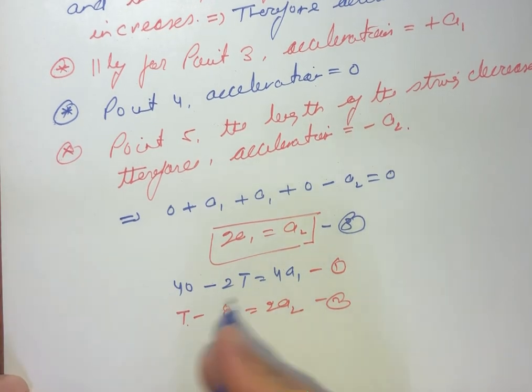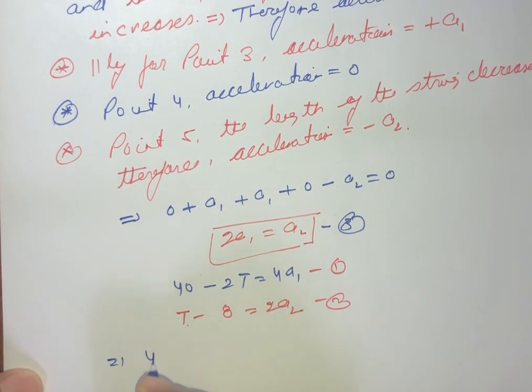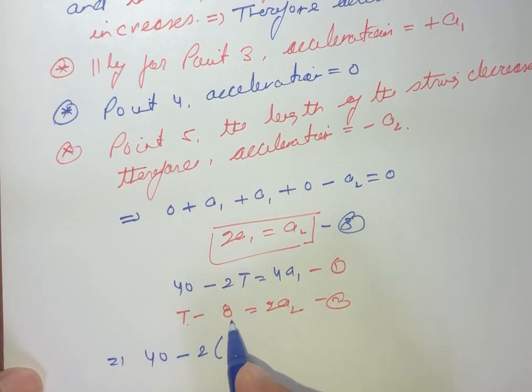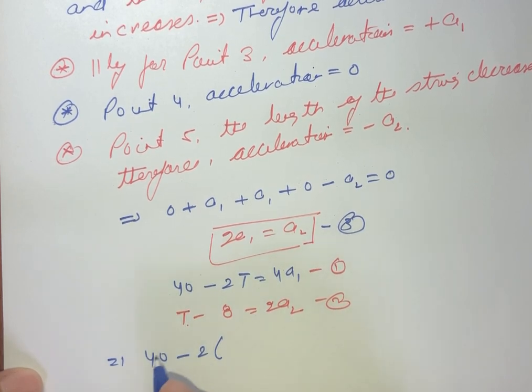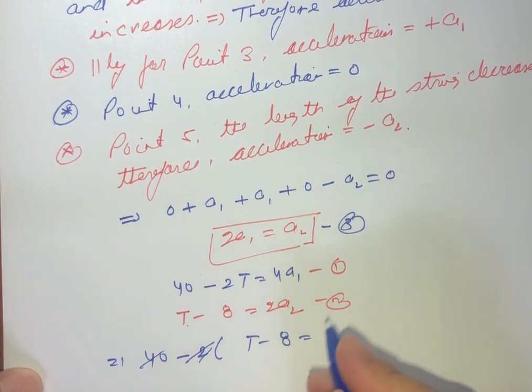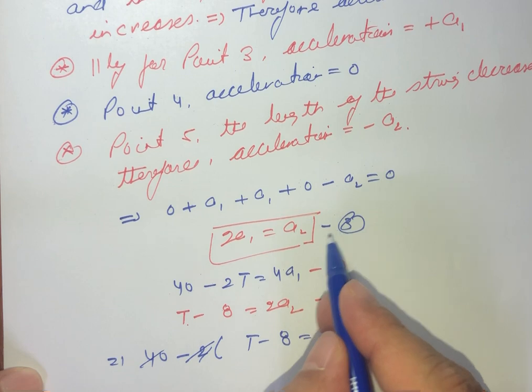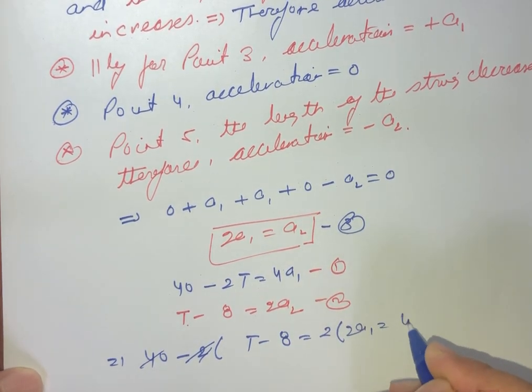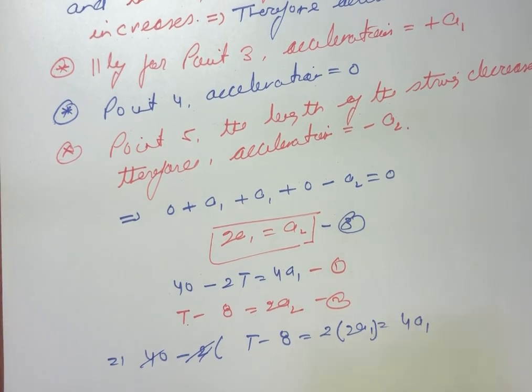Okay. We can say that T minus 8 is equal to 2 into substitute value of a2, that is twice a1, which is equal to 4 times a1. Okay. So now it is much easier to solve.